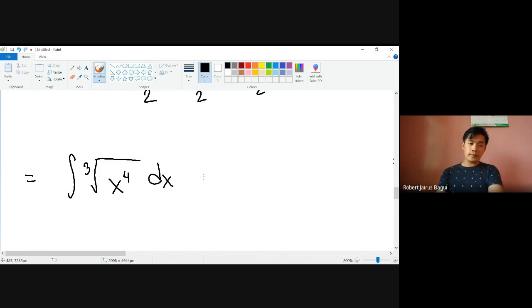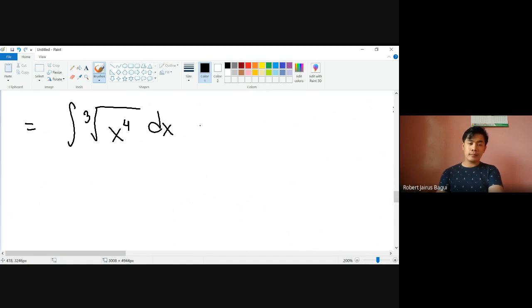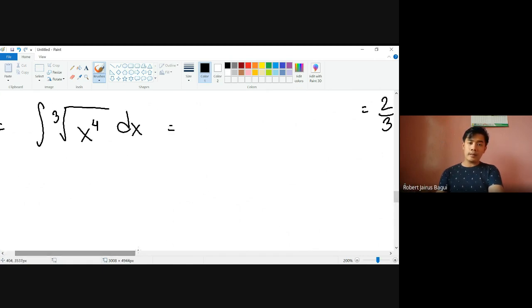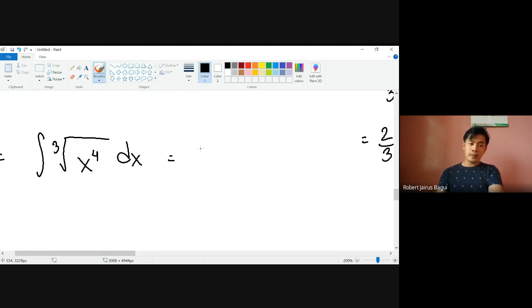So kung ganyan, dito at least malinaw na yung 3 and 4. So again, numerator yung exponent ni x, denominator ay yung nasa radical sign which is 3. And same nung kanina pa natin ginagawa, so plus 1 lang ng plus 1.